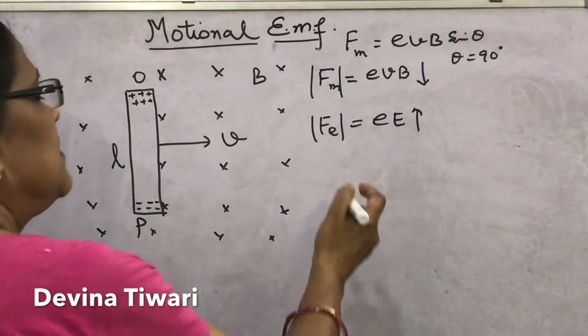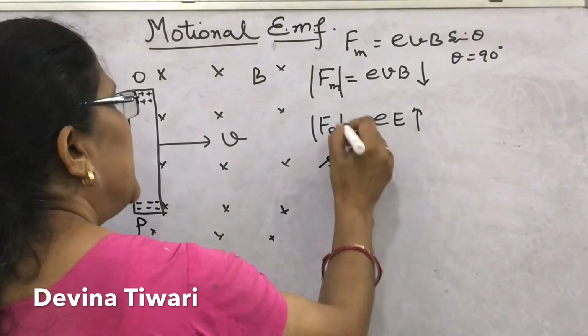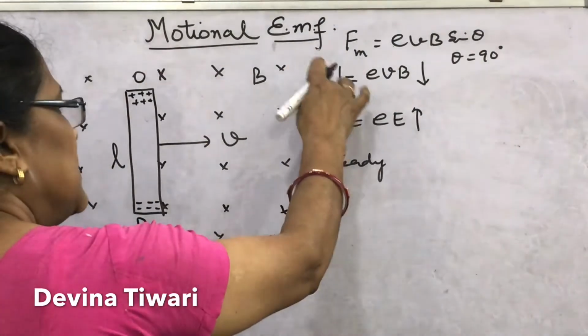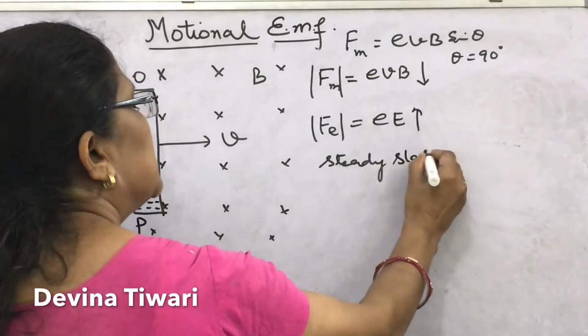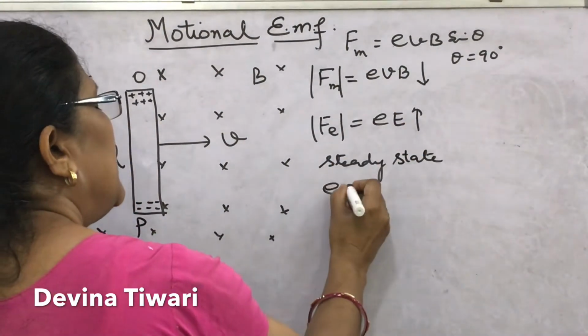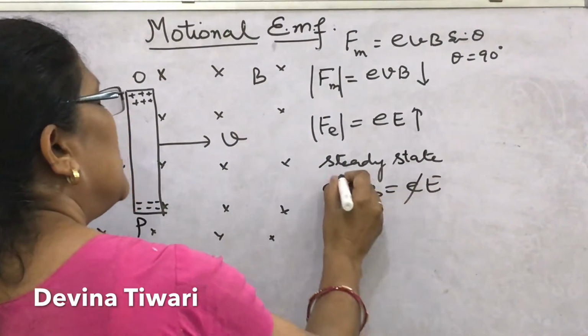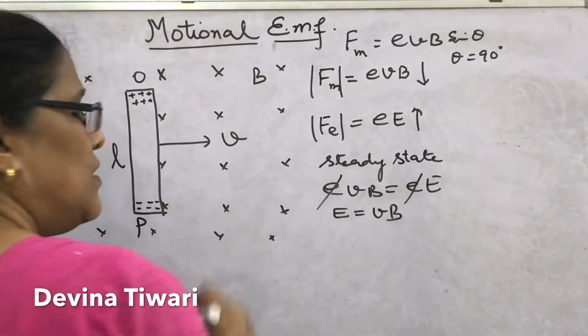In the steady state, when this electrical force from P to Q becomes the same as the magnetic force, then what can we write here? eVB equals eE, so the electric field we get is VB.